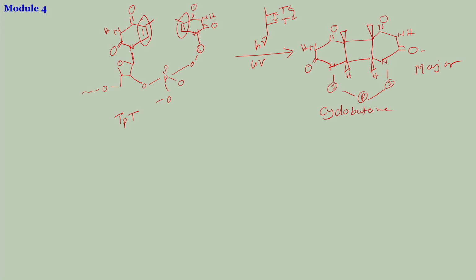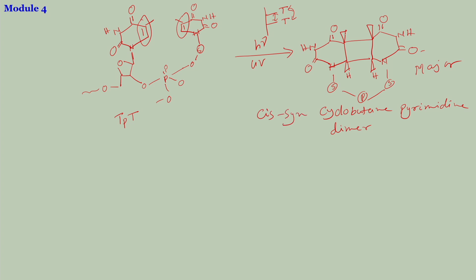Cyclobutane, because you are forming a cyclobutane ring, pyrimidine due to the pyrimidine nucleobase. It is happening between two of them, so it is forming a dimer.